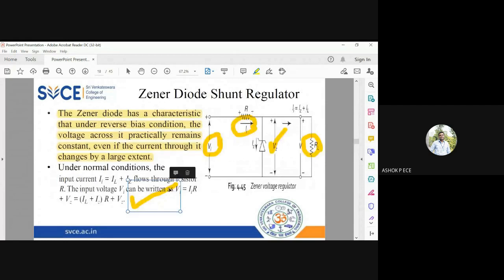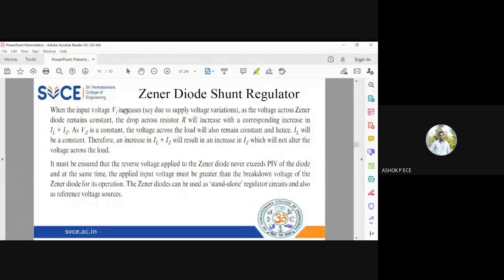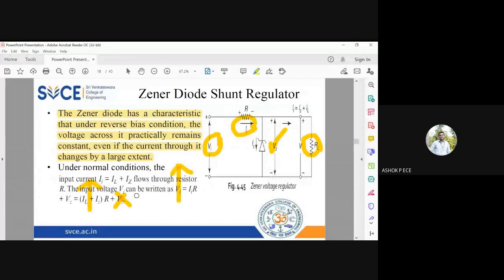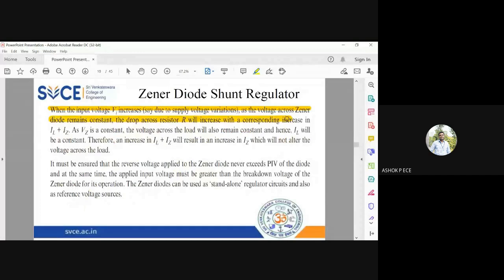In this equation VZ is constant, so this VZ cannot change. So when the input voltage is increasing, as the voltage across the Zener diode remains constant, the only possibility is that the term IL plus IZ has to increase. So there will be an increase in the current IL plus IZ.